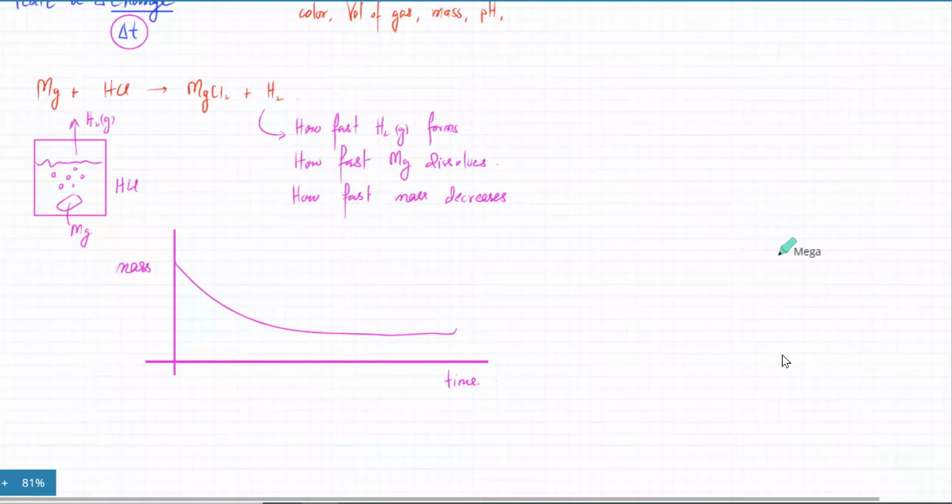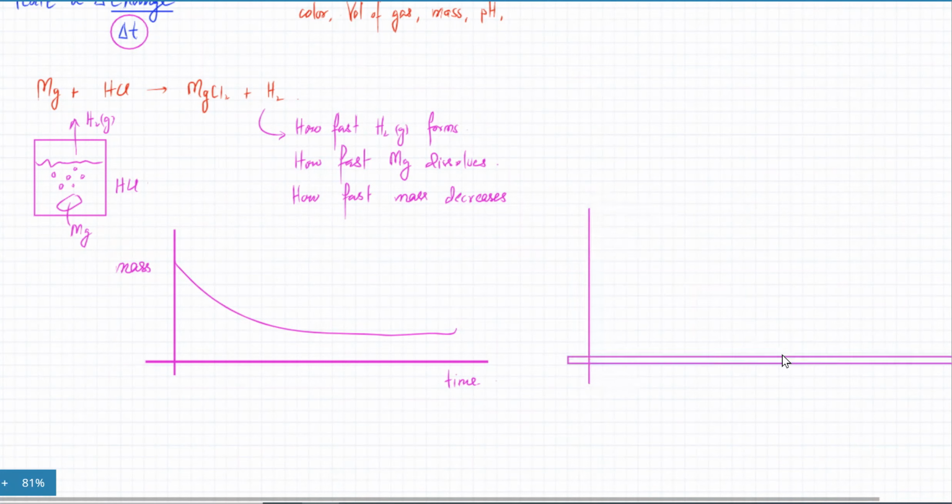And similarly, if you measure the volume of H2 gas, maybe you put a syringe on top, and I make that graph, then the volume of H2 gas would be 0 initially.